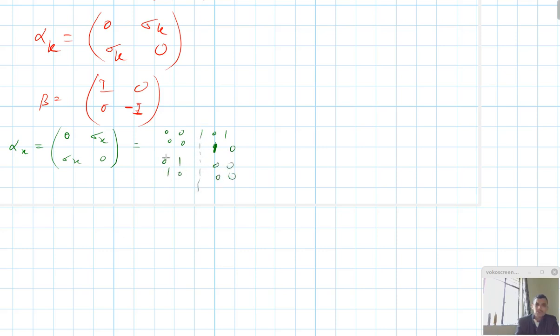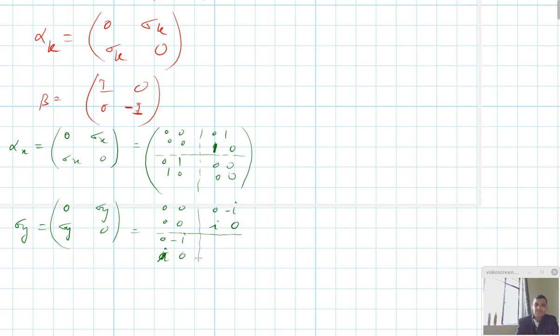Similarly alpha y can be written as 0 sigma y, sigma y 0, which is equal to the matrix with rows 0 0 0 minus i, 0 0 i 0, 0 minus i 0 0, i 0 0 0.